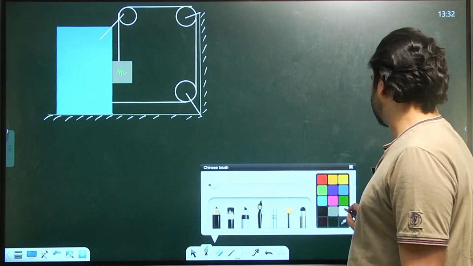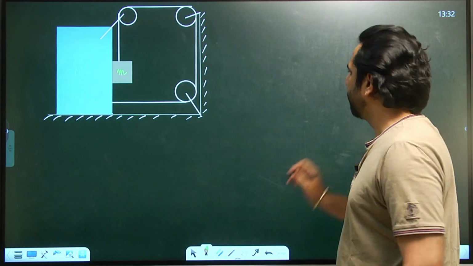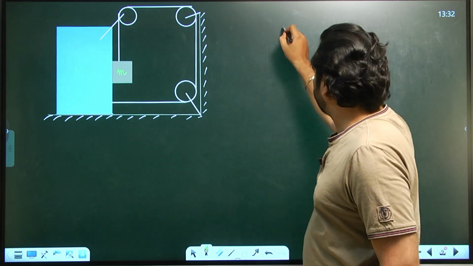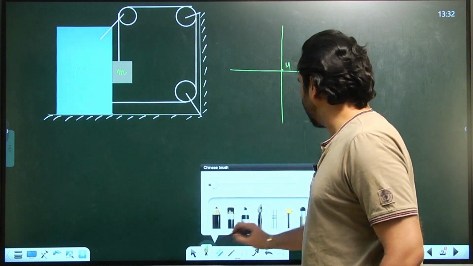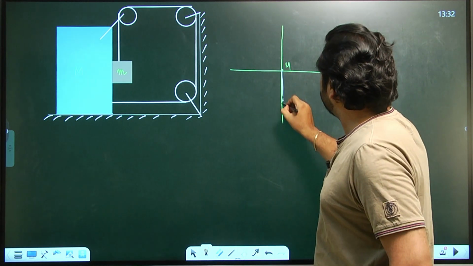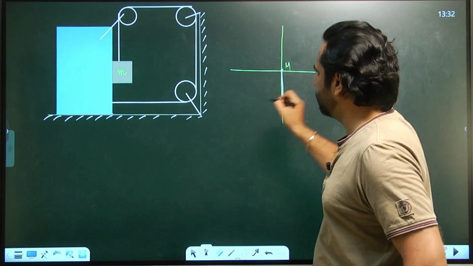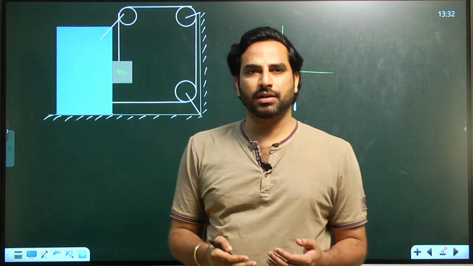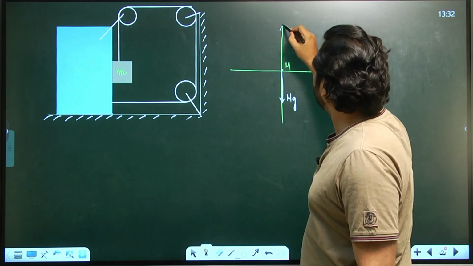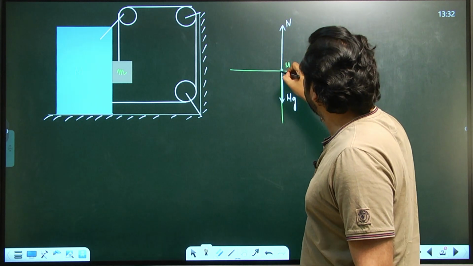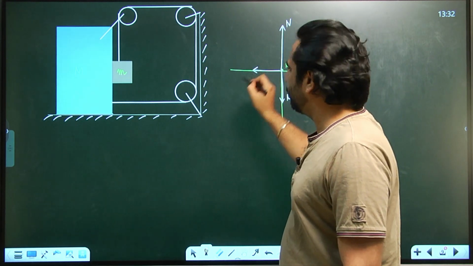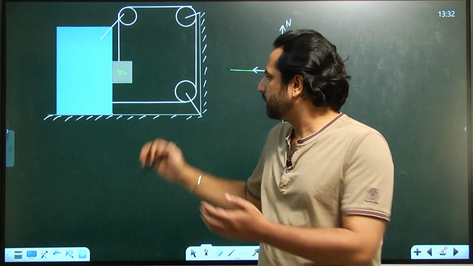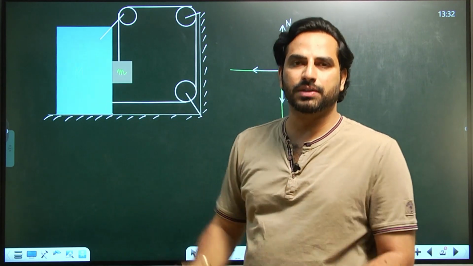Let us go to another example. Look at this. Now let us follow the steps. I am first drawing the free body diagram of capital M. For capital M, the forces are mg downwards because it has mass. It is in contact with the ground, so there is normal force N upwards, and it is in contact with the smaller block, so the normal force, which is always a pushing force, means the smaller block is pushing the bigger block towards the left.